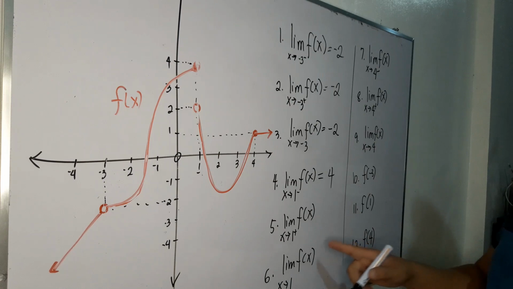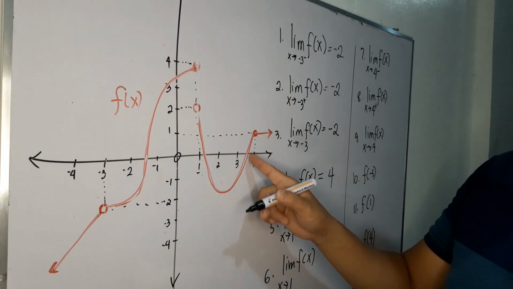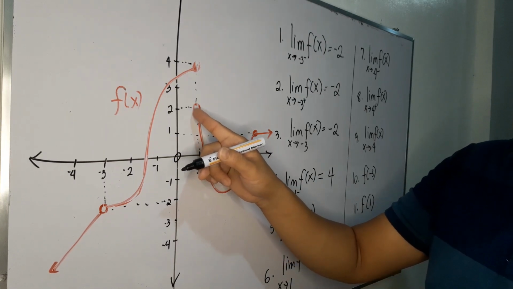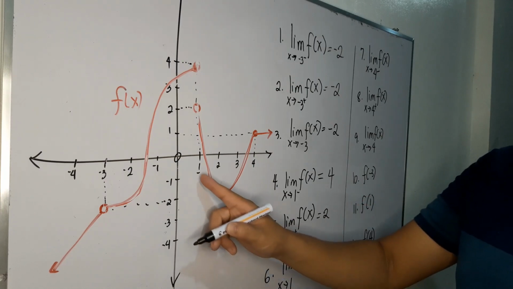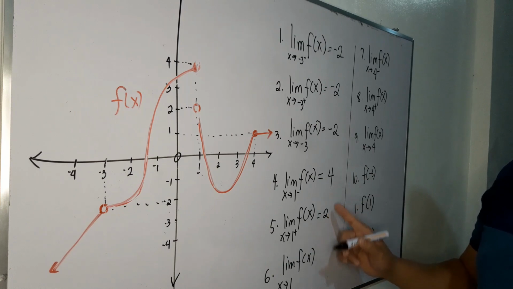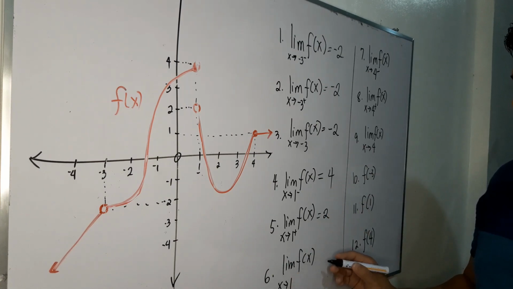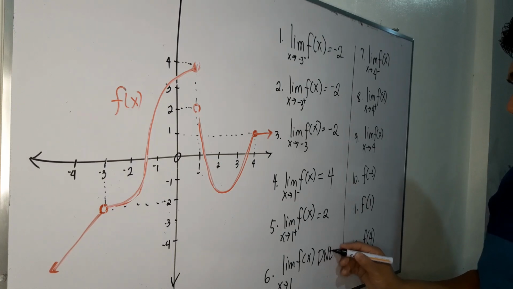How about if we approach x equals 1 from the right? So from the right, down here, go up here to positive 2. Okay, so since x equals 1 is here, and these two are not the same, the two-sided limit as x approaches 1 does not exist.